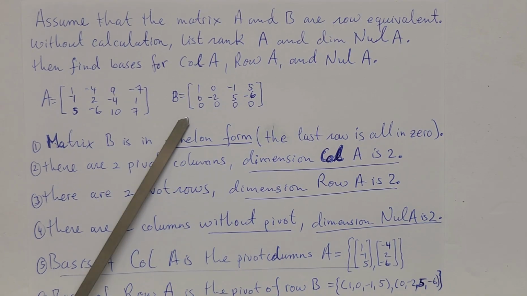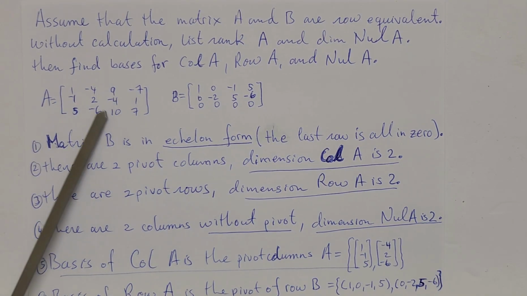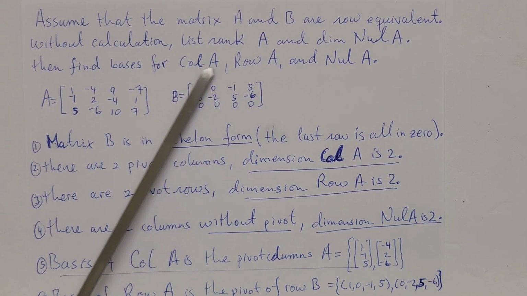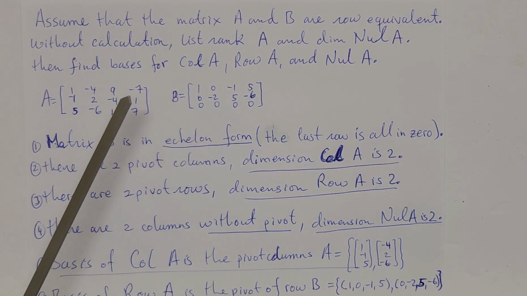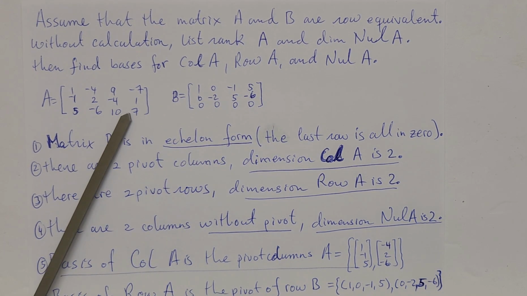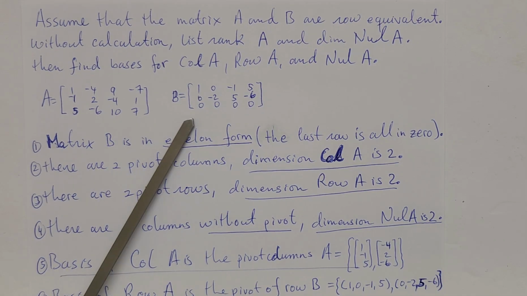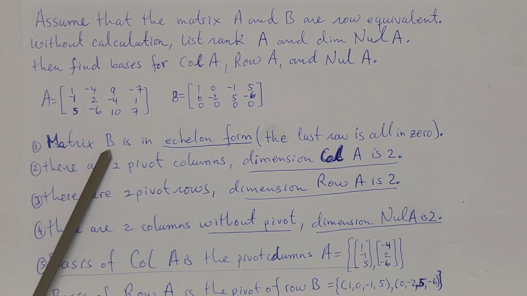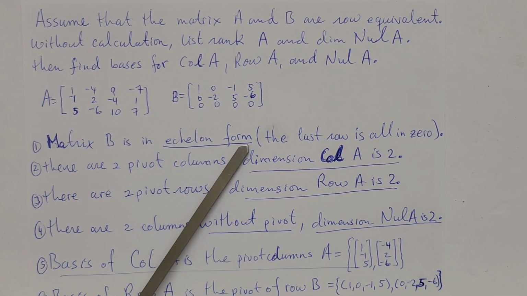Okay, one more time. Matrix A is the original matrix. Matrix B is the answer to matrix A after row operation. Okay, so number one, matrix B is in echelon form.